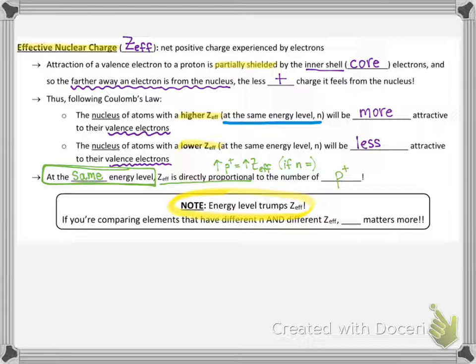The distance between the electrons and the nucleus matters more than the attraction based on number of protons. Crazy but true. So when you're comparing elements that are in different energy levels, it is the energy level comparison that matters. Don't worry, this is such an important point that we will definitely be reinforcing this as we practice our periodic trends. Speaking of trends, let's dive into our very first trend.